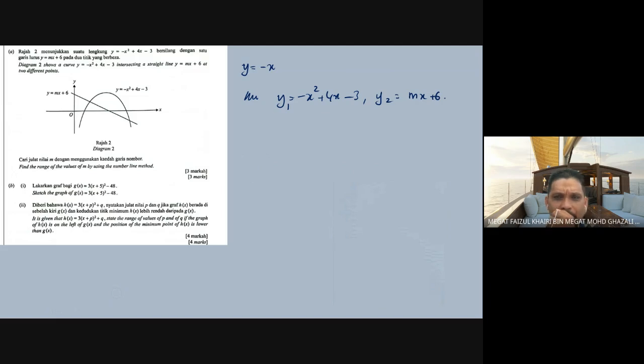So now, different points. Find the range of values of m by using the number line method. So for this, y equal to mx plus 6.